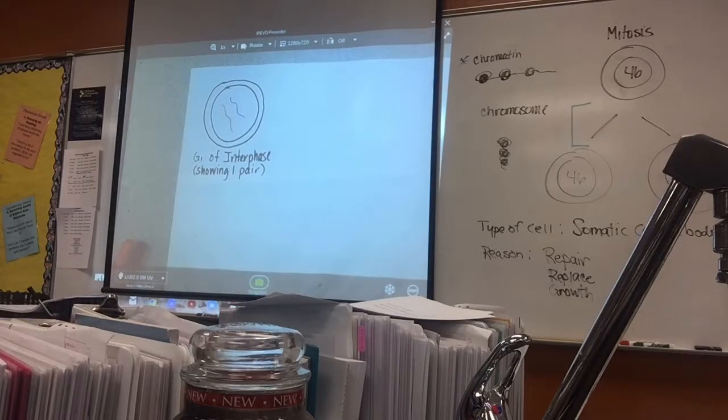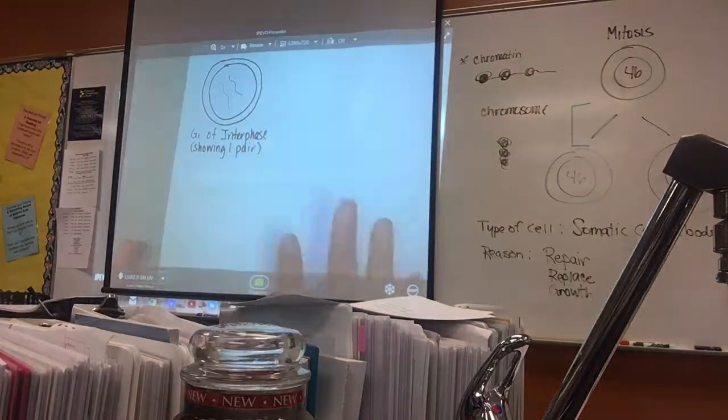This is loosely packed DNA, which means in what form is it in? Chromatin or a chromosome at this time? This is chromatin. And so chromatin, very loosely packed. So if you were to look at a cell under the microscope in this phase, you would see the nucleus, but you would not be able to see these pieces of DNA.